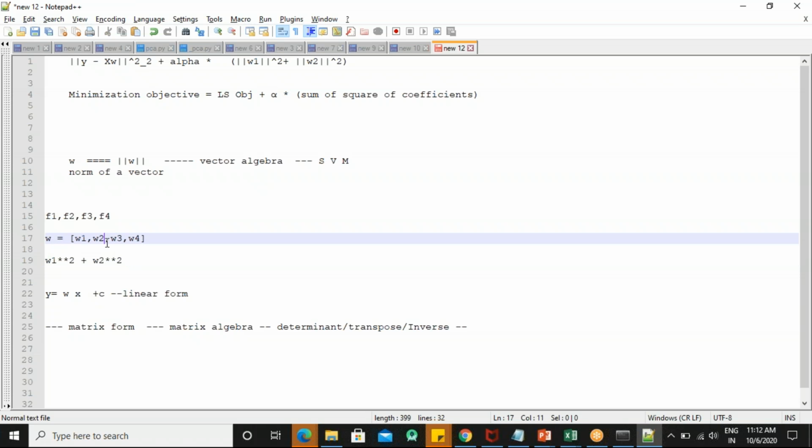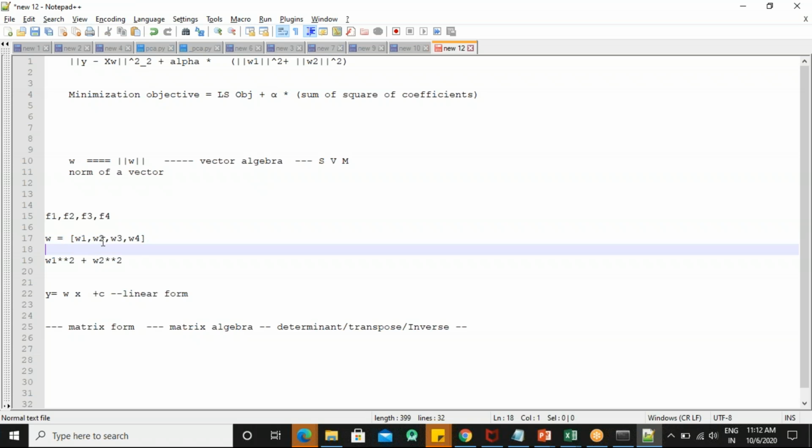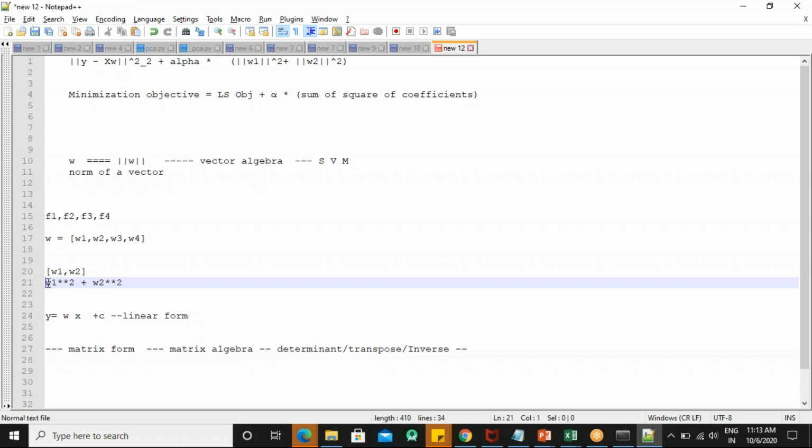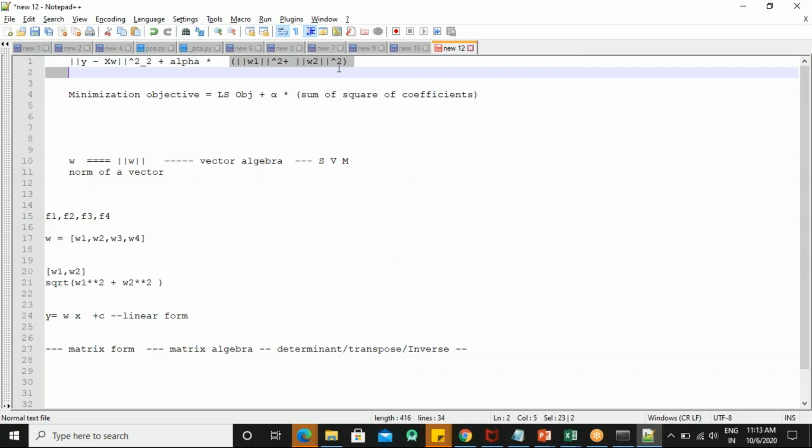So this is how it will be represented if it is 2 weights, for example, instead of 4. This is how the norm of the vector will look for 2 weights. I also have to apply the square root. Let me copy this norm of a vector, and now let me try to place it here. It was telling you what?